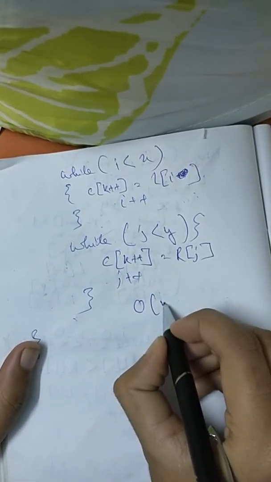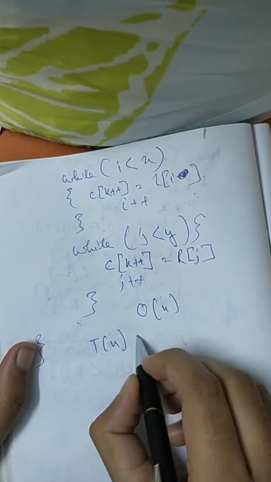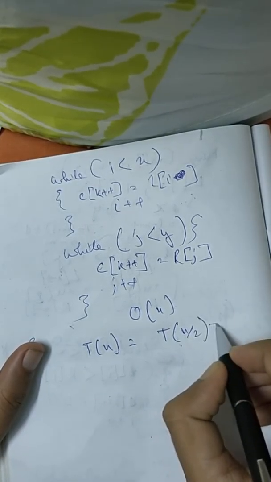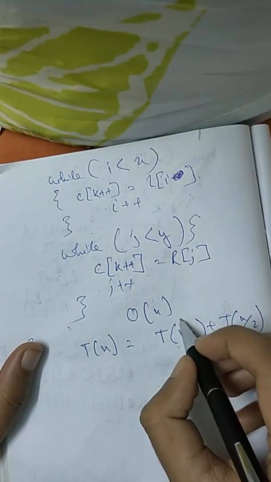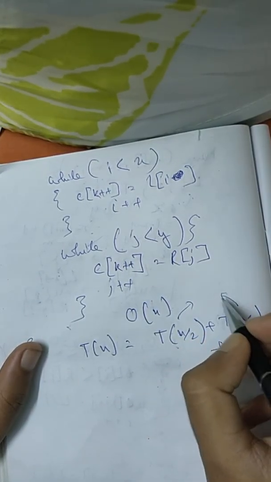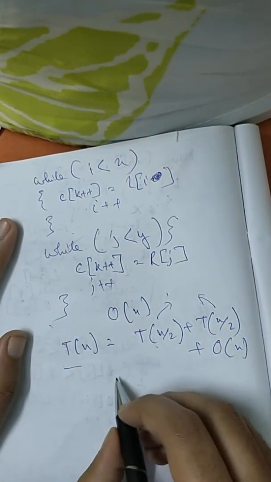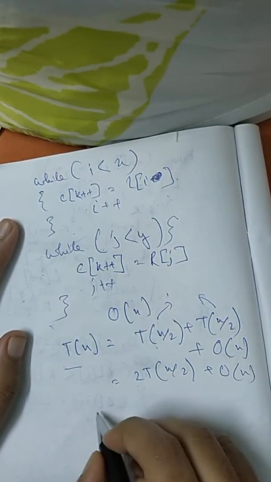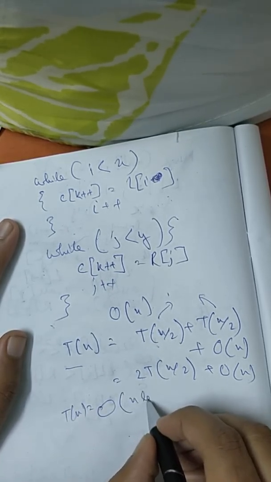So the merge step takes order n time, and the time complexity of merge sort is T of n by 2 plus T of n by 2 plus order n for the merging step. This is for the first recursive call and this is for the second recursive call, and this is my recurrence relation, which from the master's theorem turns out to be order of n log n.